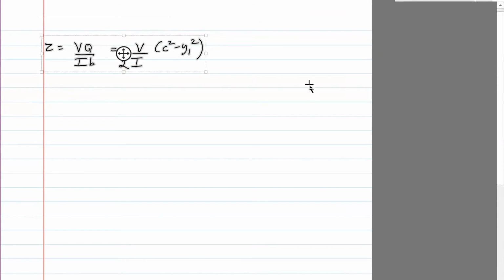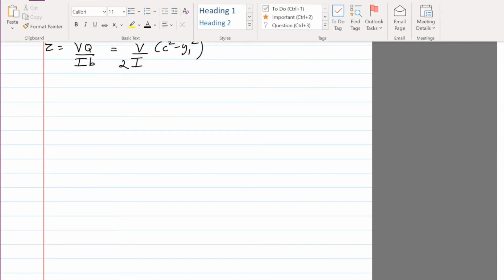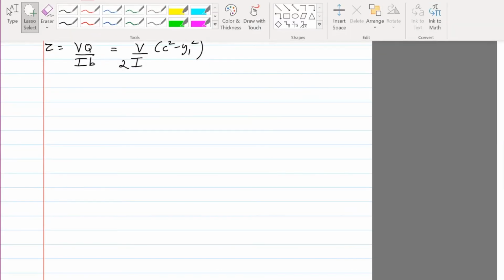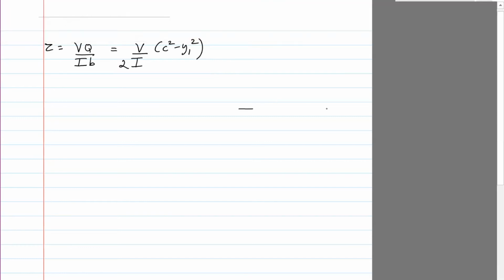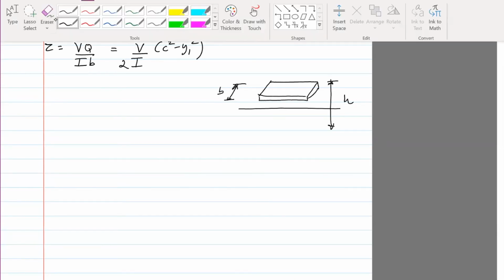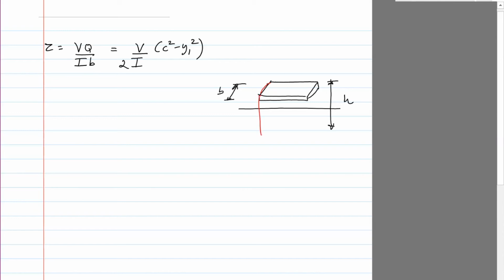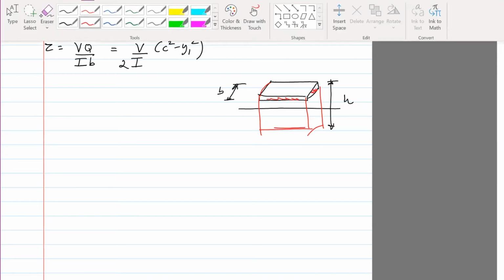Now, if we think of a beam, again the width is b, and let's say the height is h. So this is basically an element of a beam. That's the whole beam, but I just took a section as I showed here.